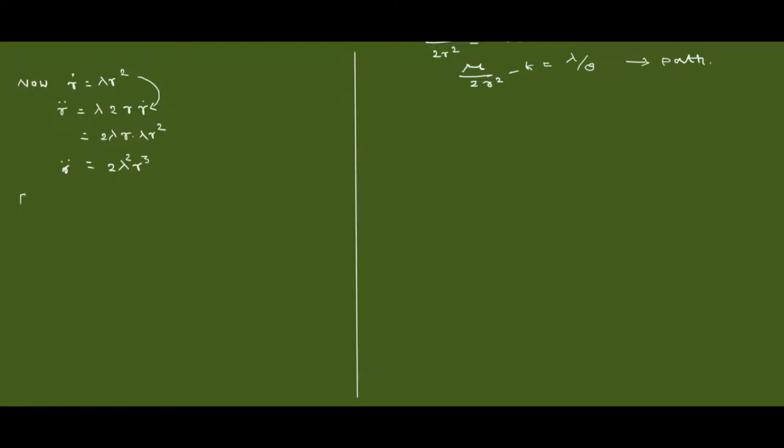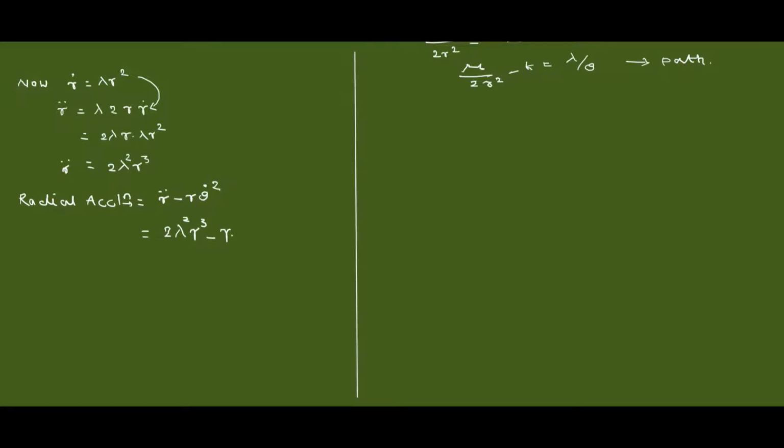Now what is radial acceleration? Radial acceleration is equal to r double dot minus r theta dot square. Substitute the values. R double dot value is 2 lambda square r cube minus r into, what is theta dot?